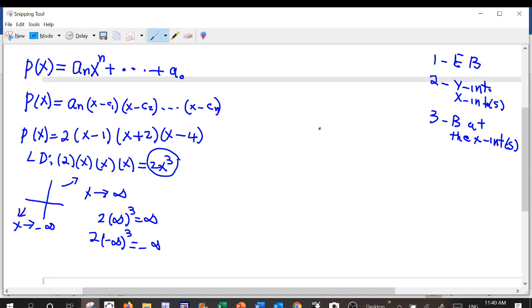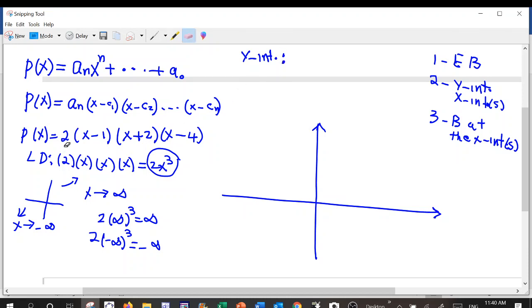So to graph it, all we have to do is draw the coordinate plane. And now what we need are the x- and y-intercepts. The y-intercept is very easy to find. All we have to do is substitute 0 for x.